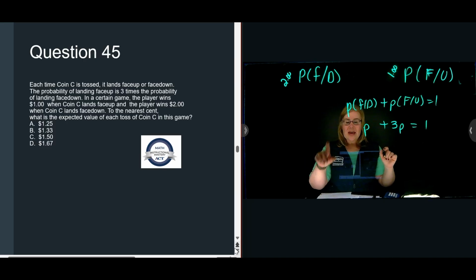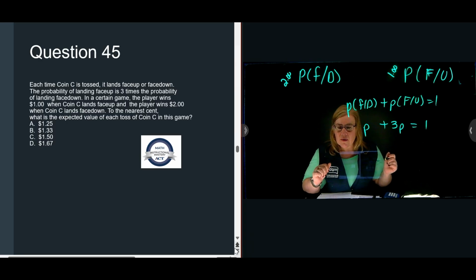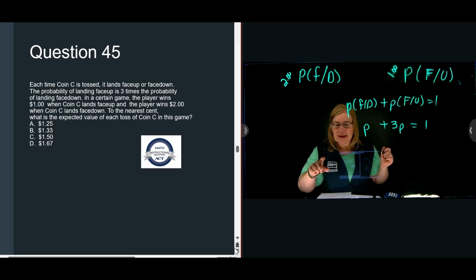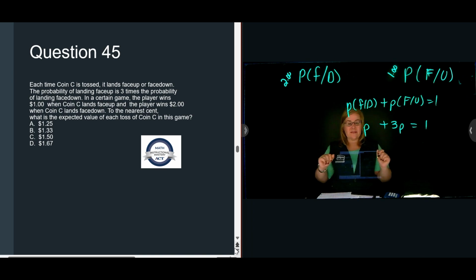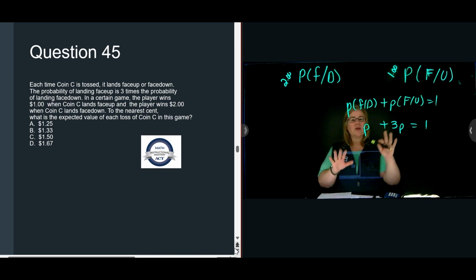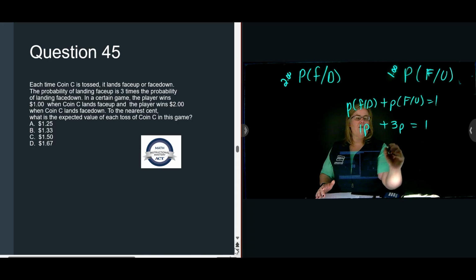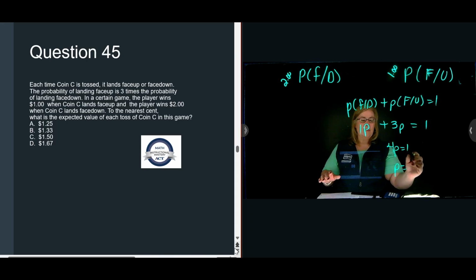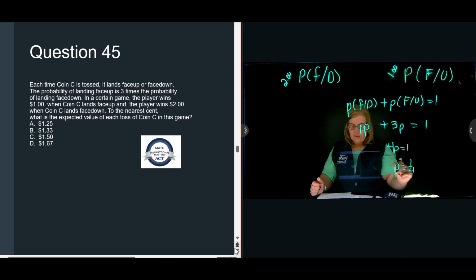Because it says up here, it's 3 times likely for it to be face up. Or am I reading that wrong? Yep, the probability of landing face up is 3 times more than the probability of face down. So then I'm just going to solve this. I have 4p equals 1. So the probability is going to be 1/4.